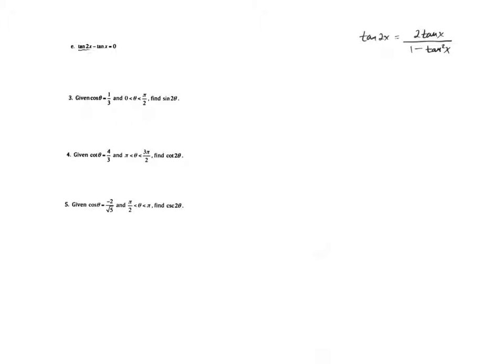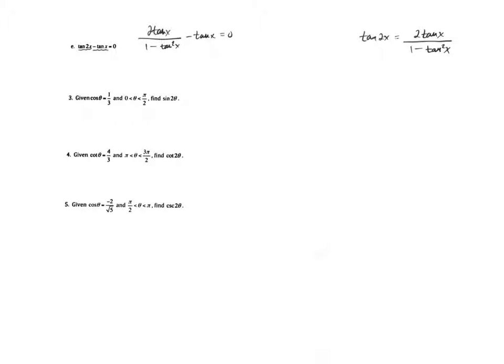So instead of this tangent of 2x, we are going to write 2 tangent of x over 1 minus tangent squared of x, and then we're going to subtract the tangent of x. And we're saying that that's got to be equal to 0. Now, the big strategy here is set it equal to 0, which it already is, and factor. And we do have a common factor of tangent of x in both of these.